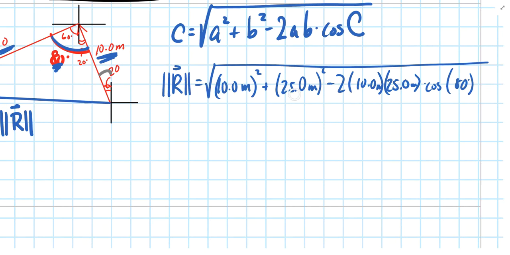And I've made the substitutions now so that you can see the result, and I've also changed letter C to the magnitude of vector R, just so that we're using appropriate terminology here. This is something I can bring to the calculator and compute a result.